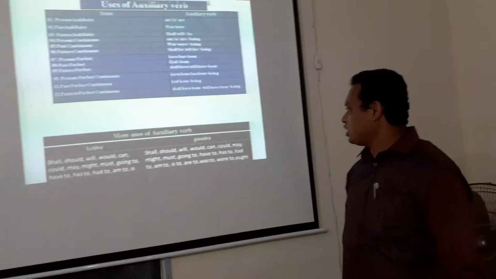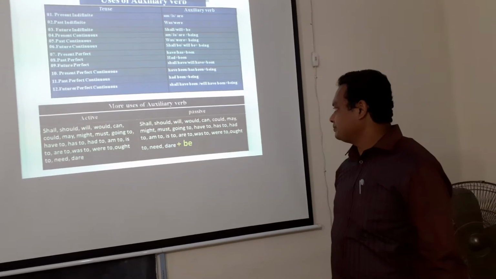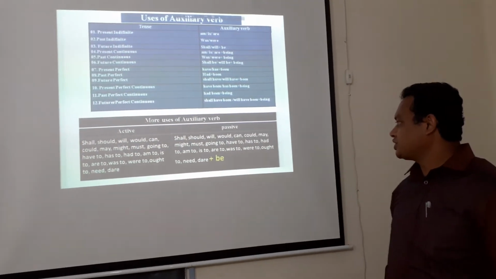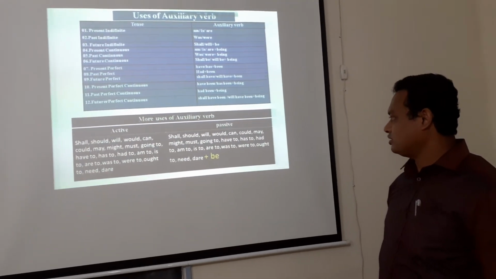There are more uses of auxiliary verbs. These verbs are called modal auxiliaries.